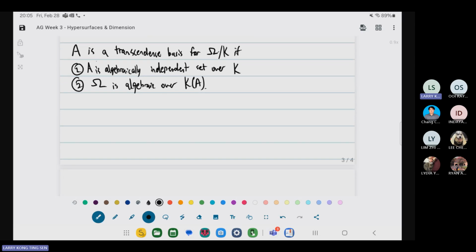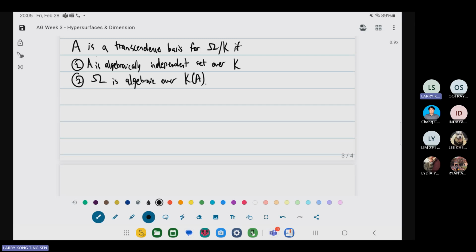A is algebraically independent over K, so it has the linear independence, so to speak.